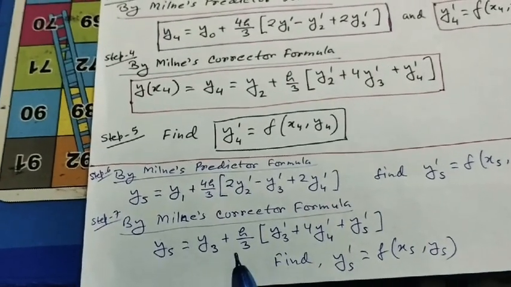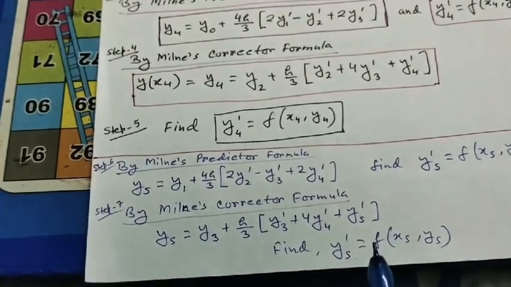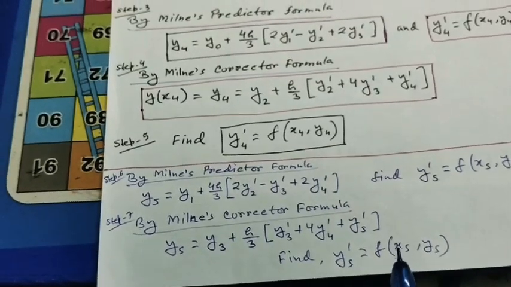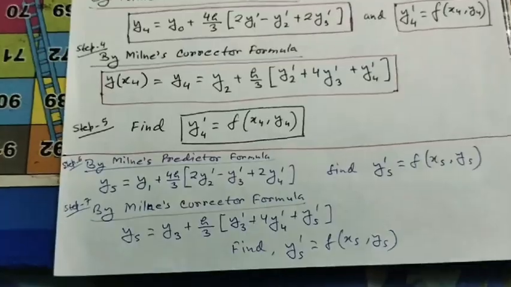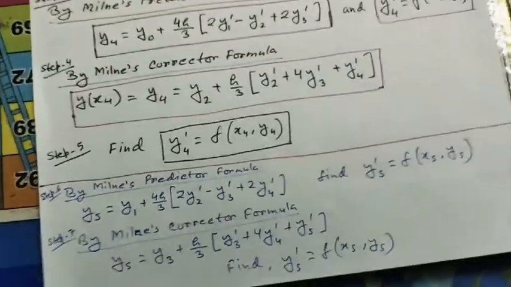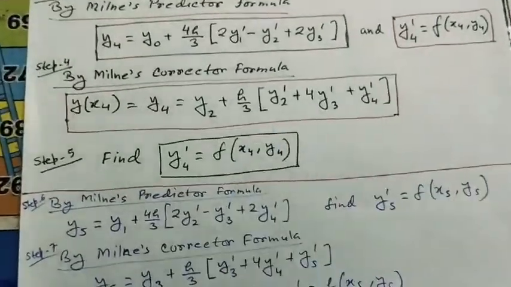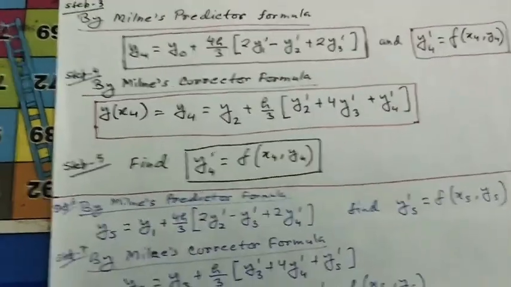By this way you can find y5, and then y5 dash equals f of x5, y5 should be calculated. So that is the theoretical portion of Milne's predictor-corrector method.